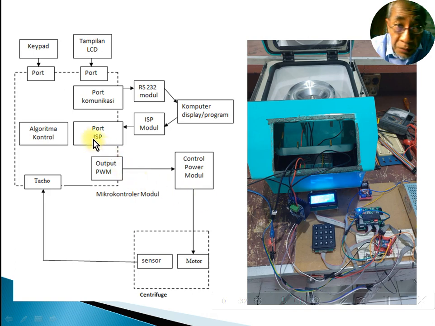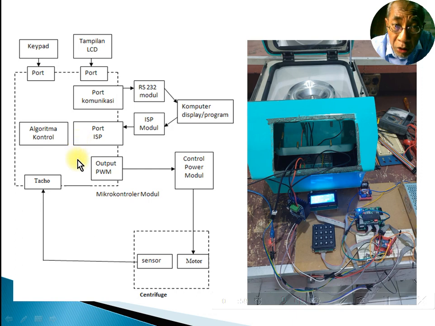The microcontroller unit is divided into many component parts, like the keypad, which is used to input the parameters SP, Kp, Ki, and Kd. These can be displayed on the LCD display.